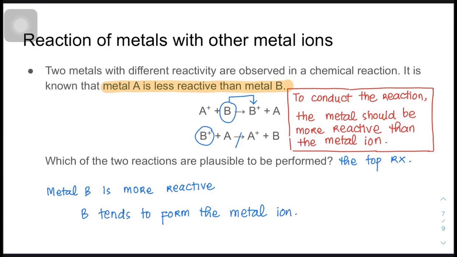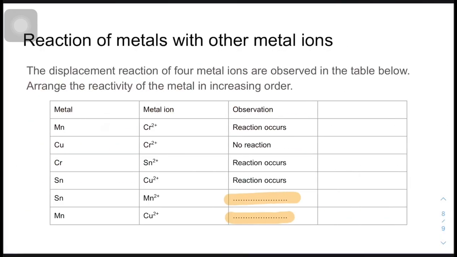We want the metal to be more reactive than the metal ion so that the reaction can take place.